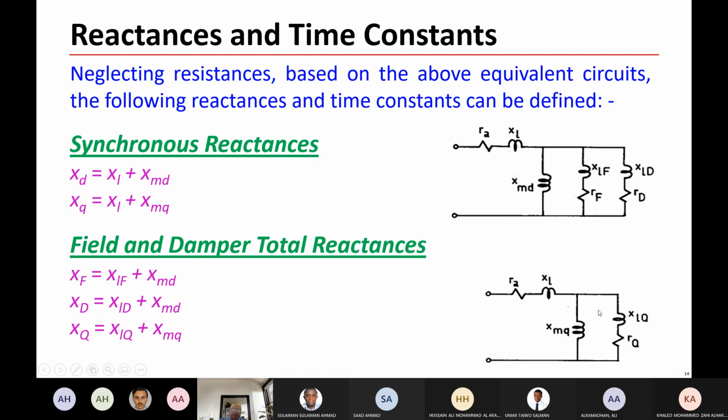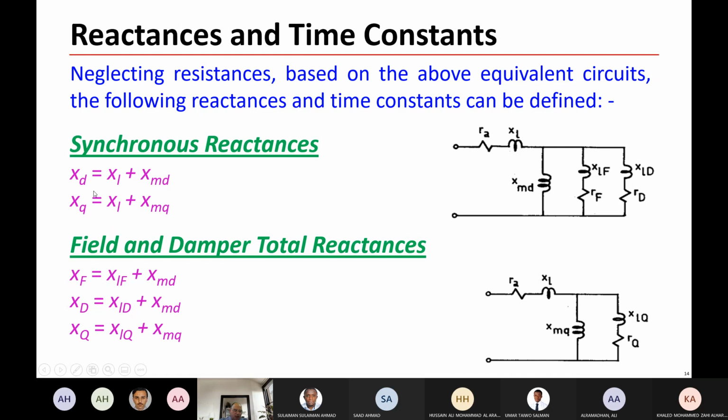So based on these equivalent circuits, you can find the reactances, transient reactances, subtransient reactances, and also time constants, transient and subtransient time constants. Synchronous reactance for the direct axis, we have here XL leakage reactance plus the mutual reactance XMD. XQ equals XL plus XMQ also.